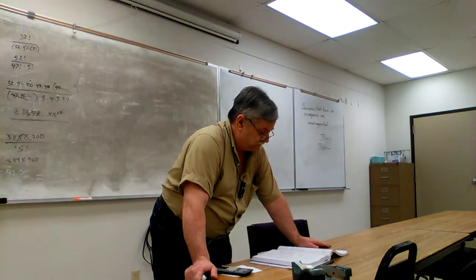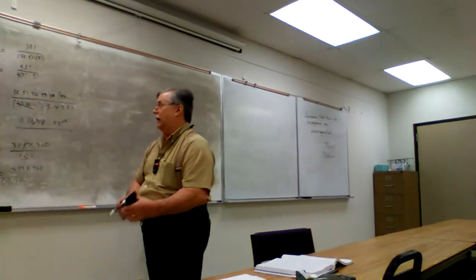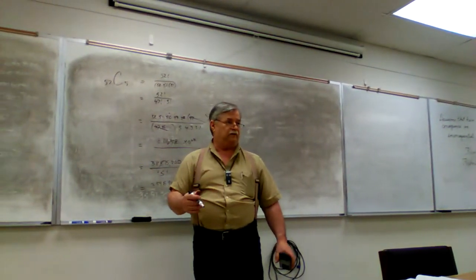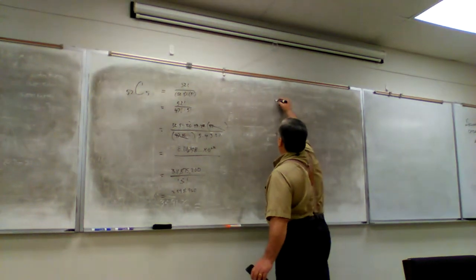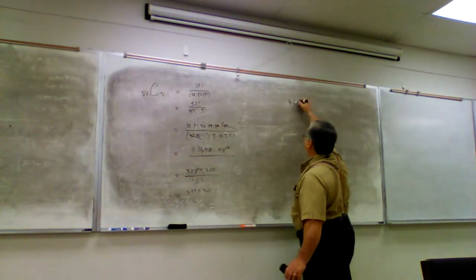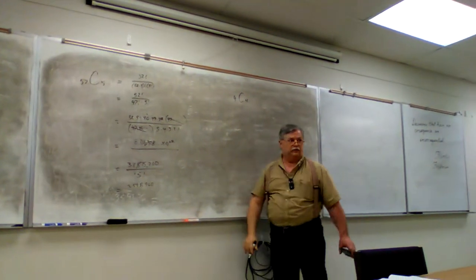Now, what is the probability of drawing the 4 aces? Well, how many combinations of 4 aces are there? There are only 4 aces in the deck, and you're going to use all 4 of them.